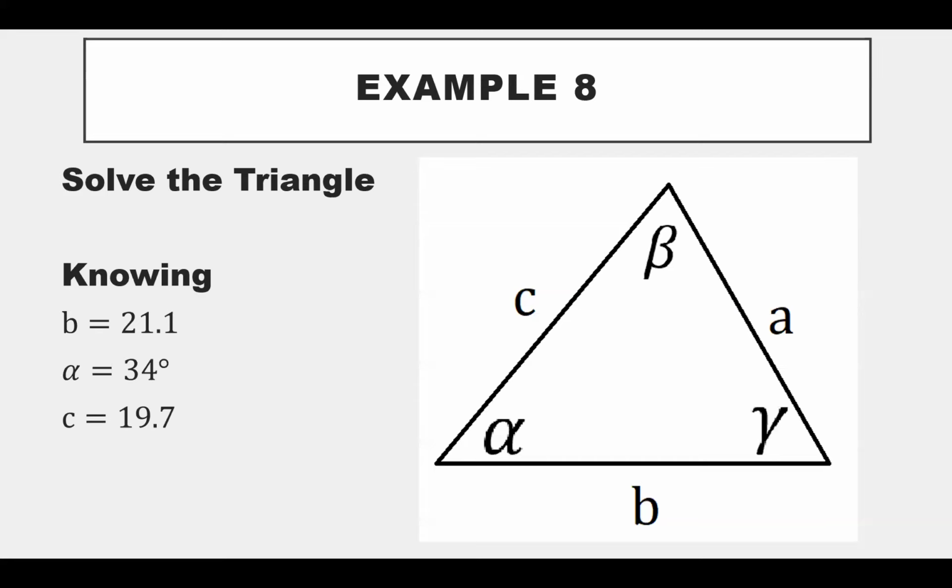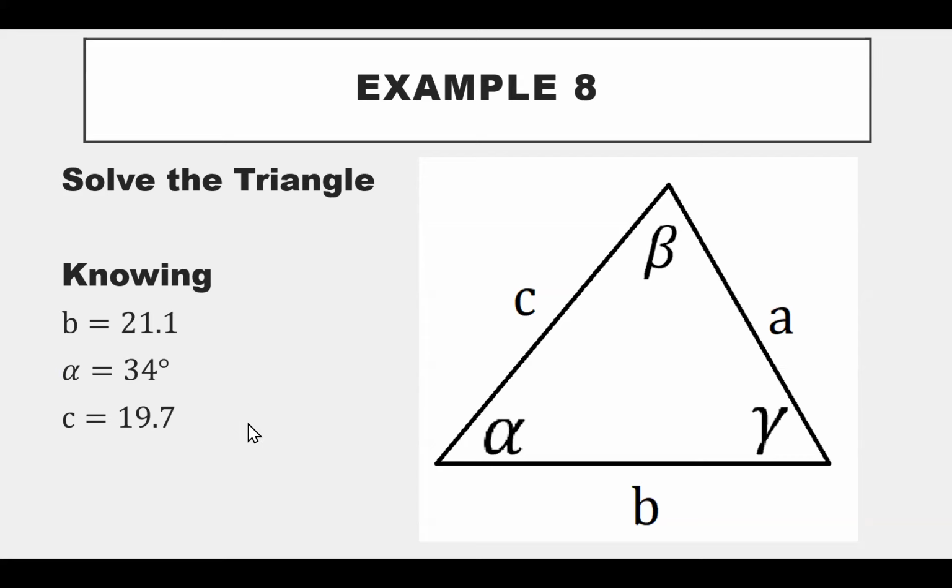Let's say I know two side lengths and the measure of an angle, but the angle that I know the measure of, I don't know the side opposite of that. Now, this will create a triangle. I'll just tell you that.